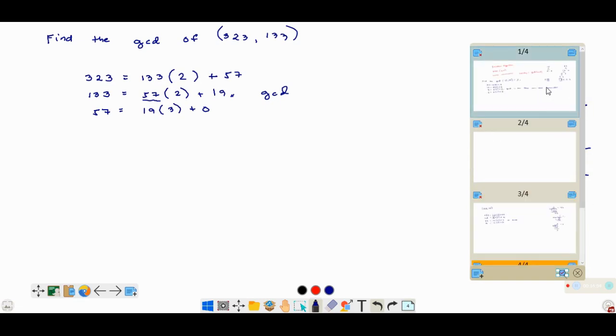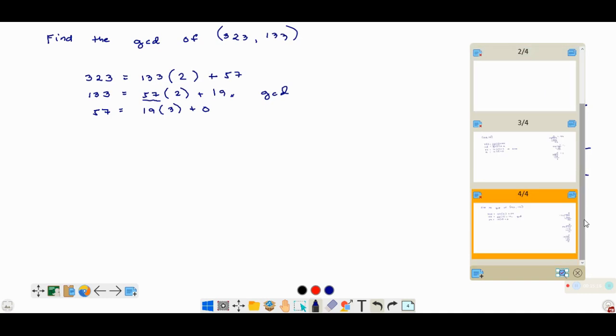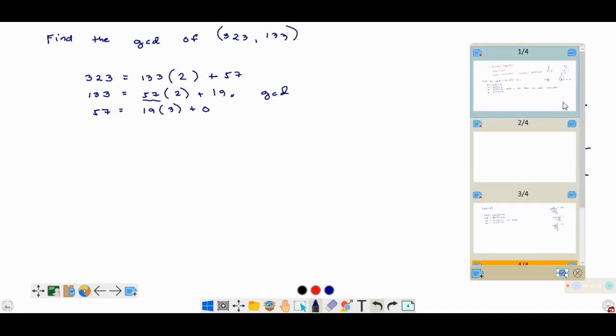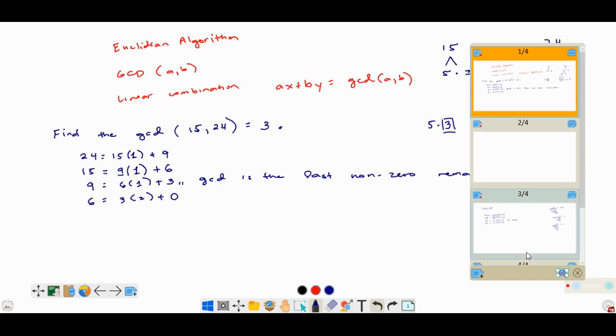Now, let's go back to our first example because this time we are going to write it as a linear combination. How are you going to write it as a linear combination? Such that ax plus by is equal to the GCD of the two numbers a and b.